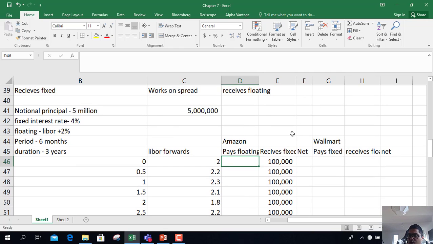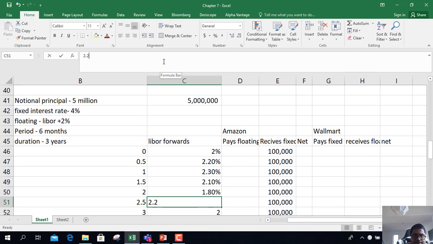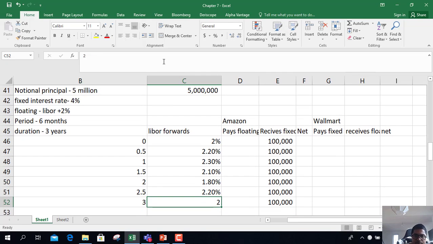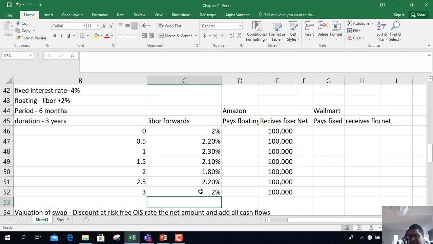Now in this swap it pays floating rate. So what is the floating rate? So LIBOR, I'll convert this into percentages so that it's a little easier. Okay, so these are the LIBOR projections, LIBOR forwards.